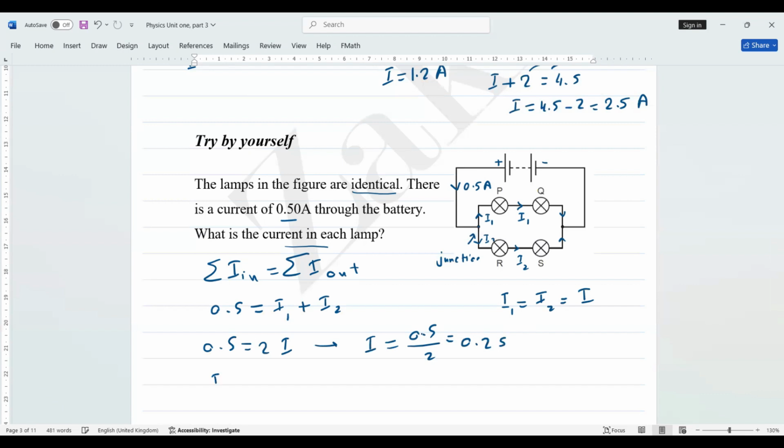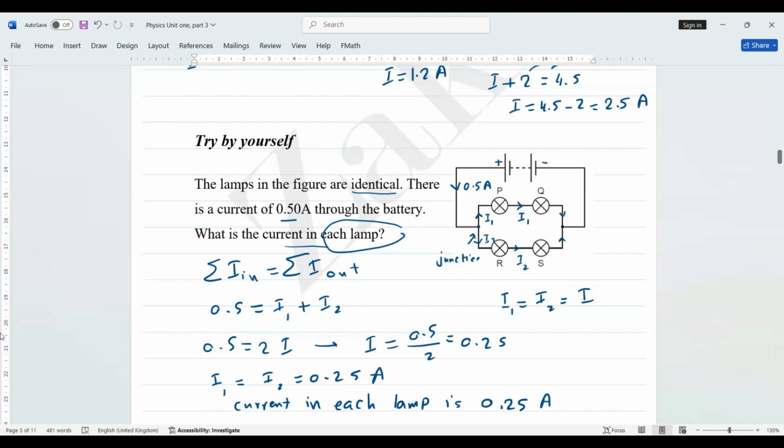Then I1 equals I2 equals 0.25 ampere. So the current in each lamp is 0.25 ampere.